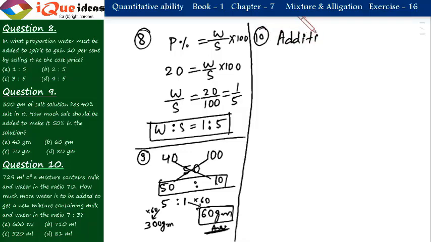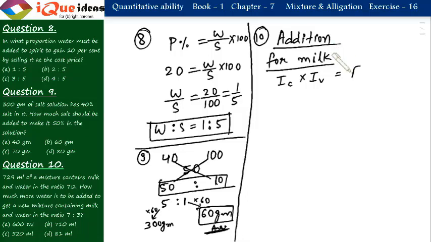I'm sure you remember that we have done it in the theory section. This is a question of addition and we are adding water. So for milk we can straight away take initial concentration into initial volume should be equal to final concentration into final volume. I hope you remember concentration is the quantity of that particular component divided by total. Initial ratio is 7:2 where milk is 7, water is 2.